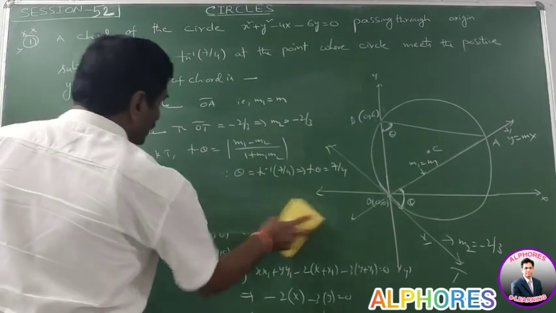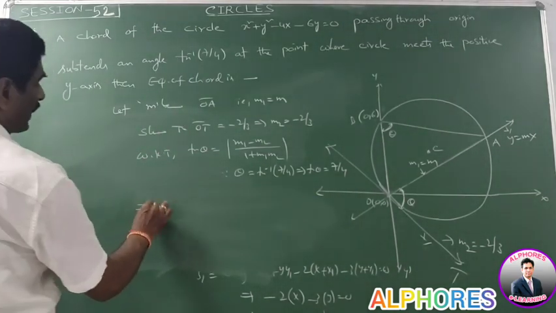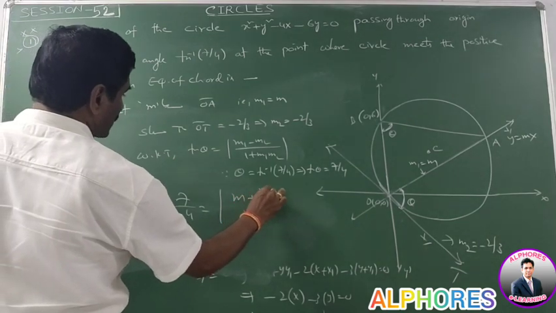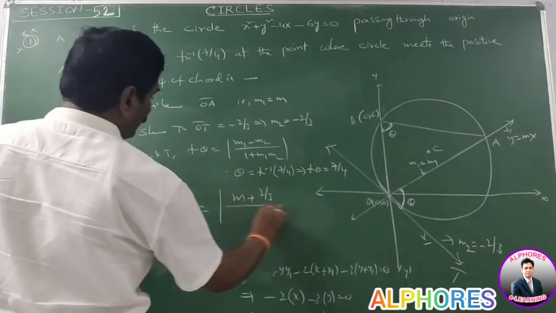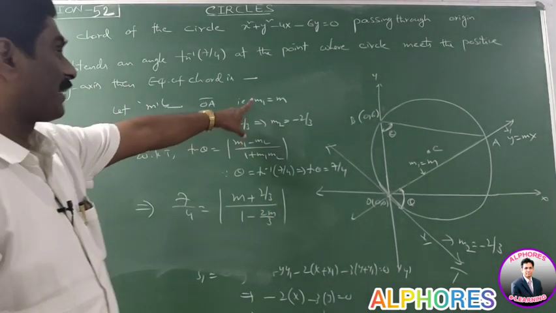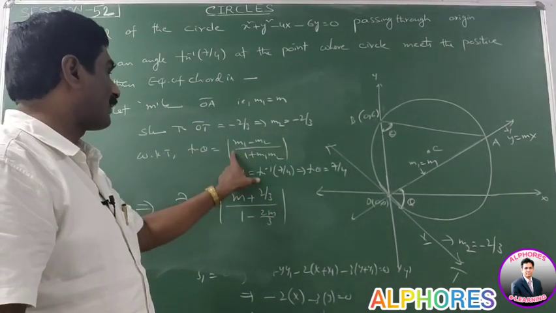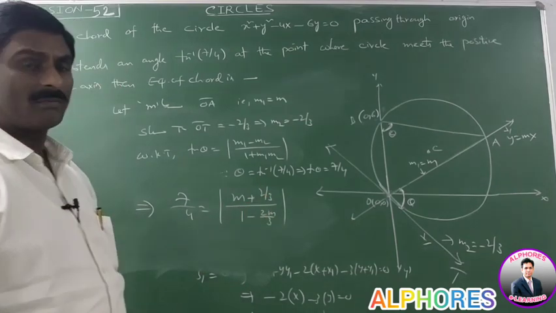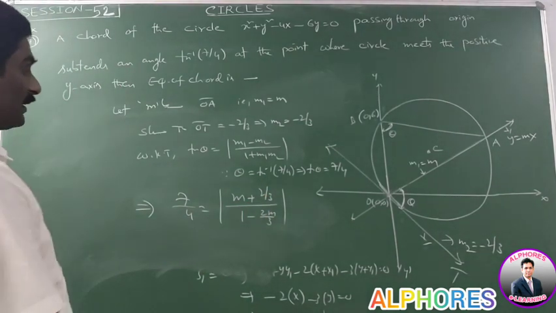Substitute these values in this equation, we get 7 by 4 is equal to mod of (m minus of minus 2 by 3) by (1 minus 2m by 3). Okay, m1 means m, m2 means minus 2 by 3. Mod (m1 minus m2) means m plus 2 by 3, by 1 minus 2m by 3. 3 is the LCM.